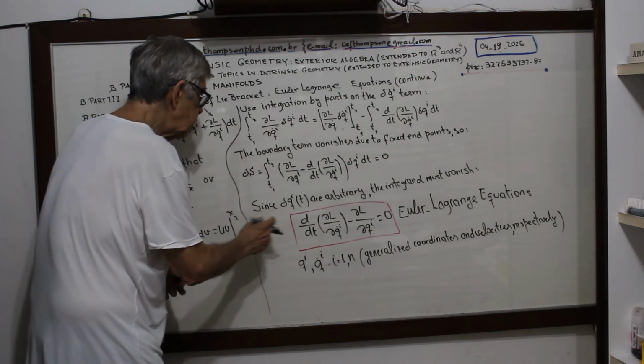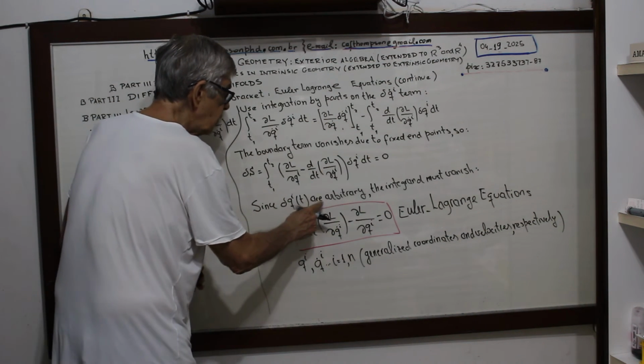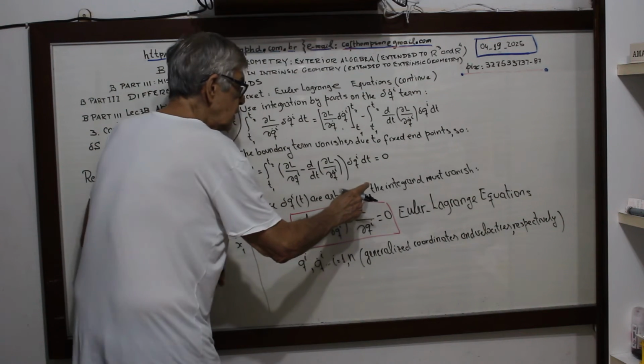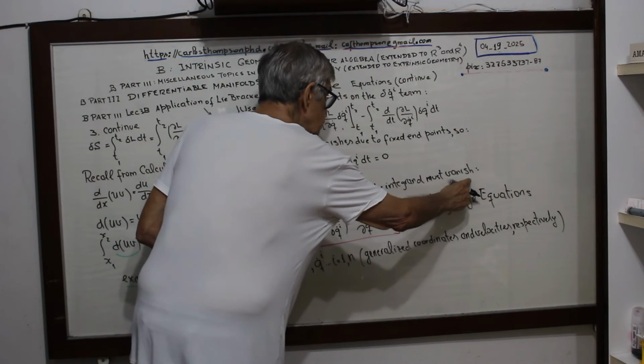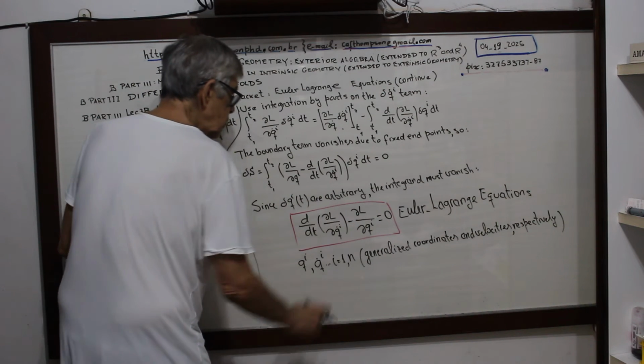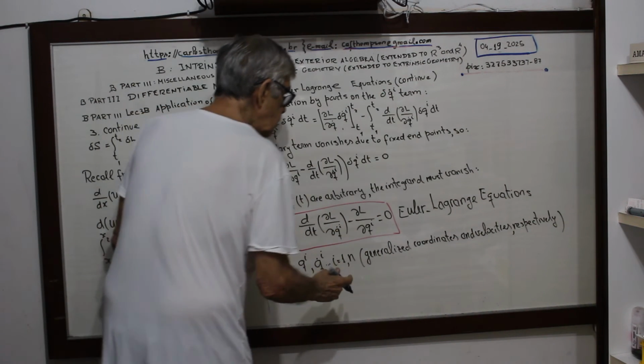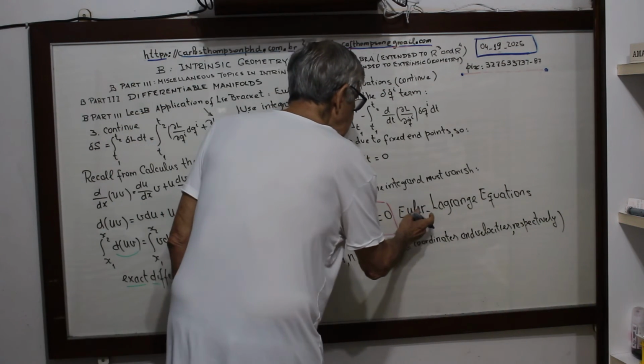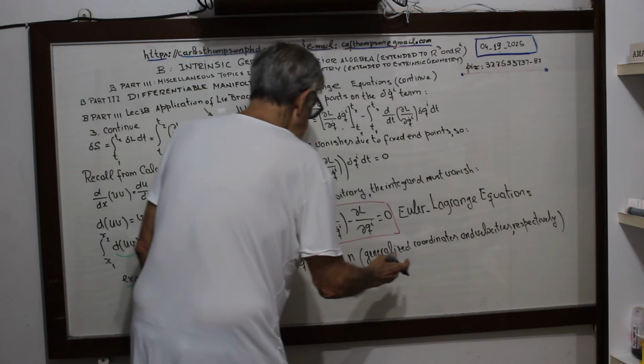Then from here, since the delta qi are arbitrary, the integrand must vanish. So I take this integrand here and write over here it is equal to 0. This is called the Euler-Lagrange equations.